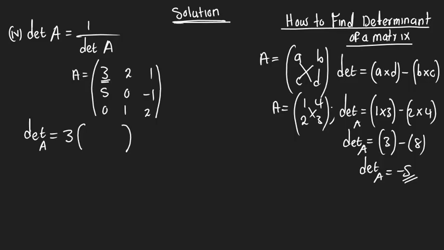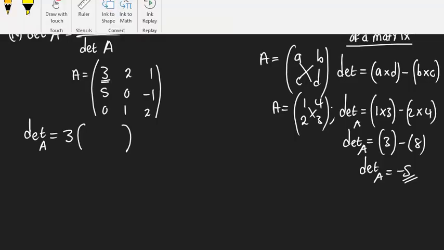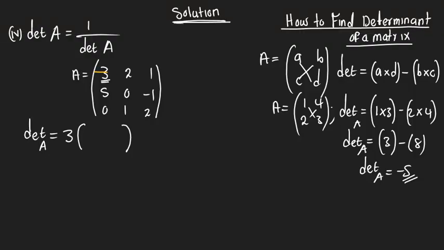So let's play some hide and seek. Hide the row where 3 is, hide the column where 3 is, then seek whatever remains. What remains is this, this, this, and this. So I'm going to place them there. 0, 1, negative 1, 2.